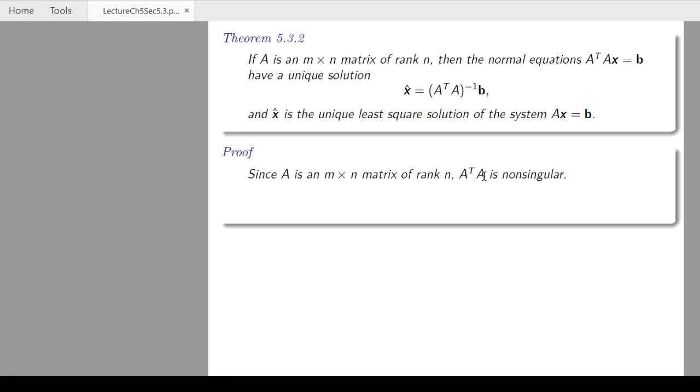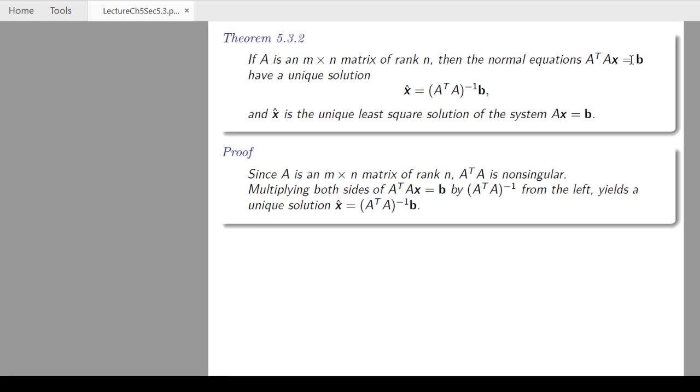Since it's non-singular, for this system A transpose times A times X equal to A transpose B, we can find a unique solution. Simply, we just multiply these equations from the left side by the inverse of this part.